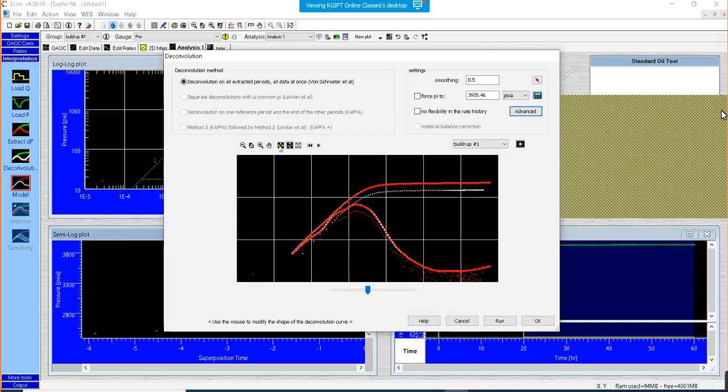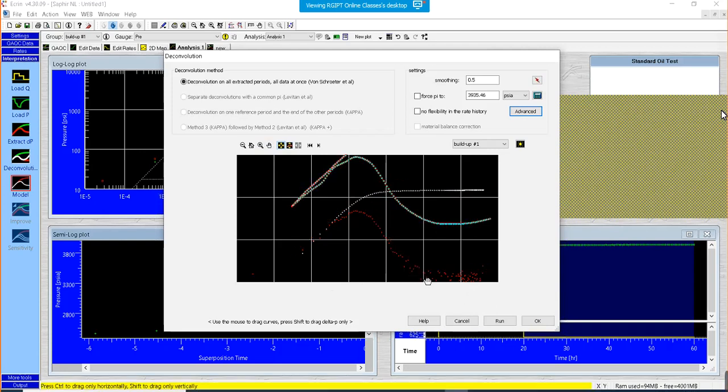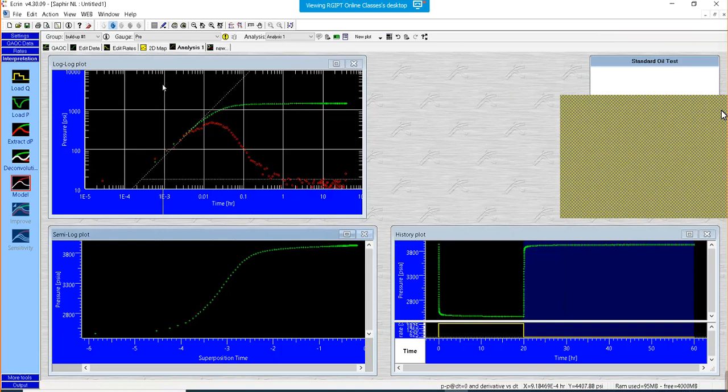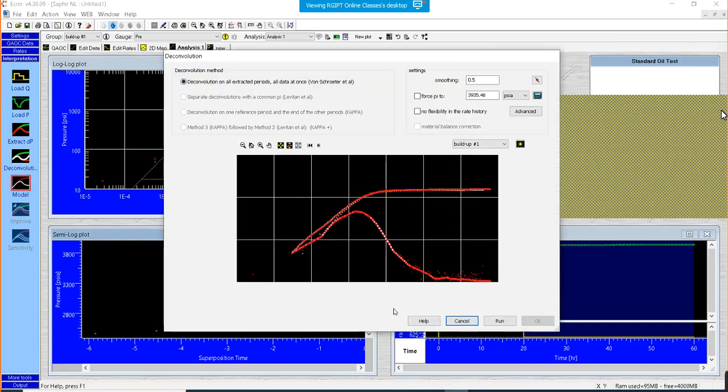So I'm actually trying to find it. I'm again going with the deconvolution.